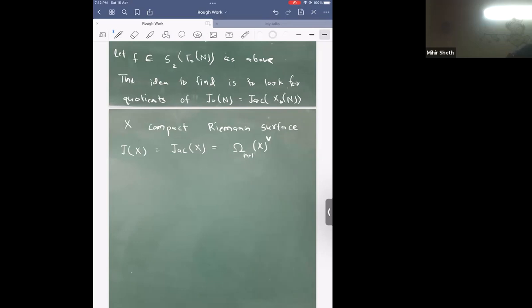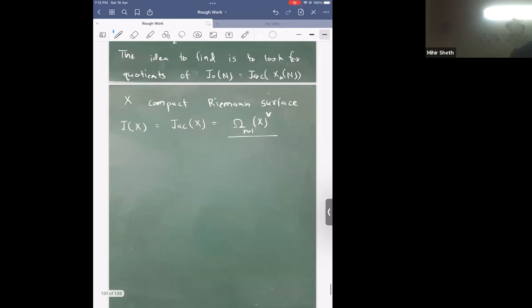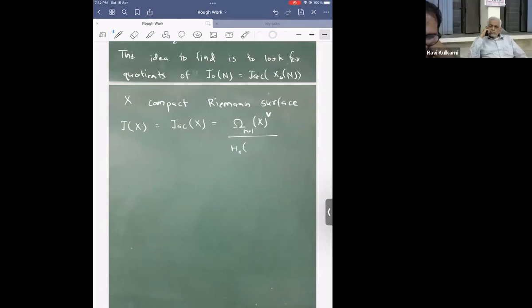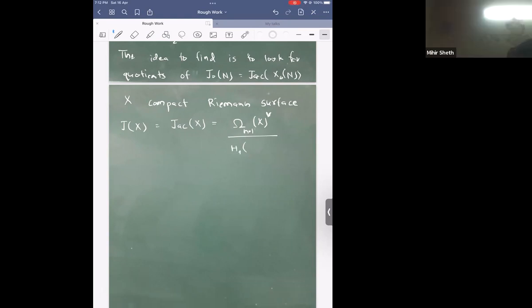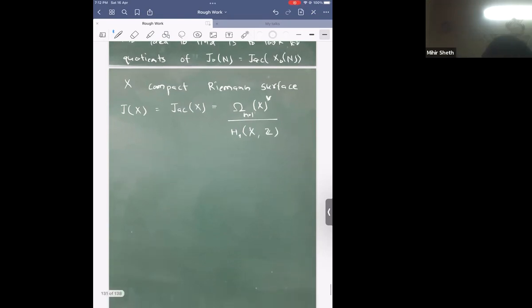This dual space contains the first homology of this topological space X. How? You can take any representative of a cycle in H1, and then you take any differential form and integrate that differential form over that cycle.